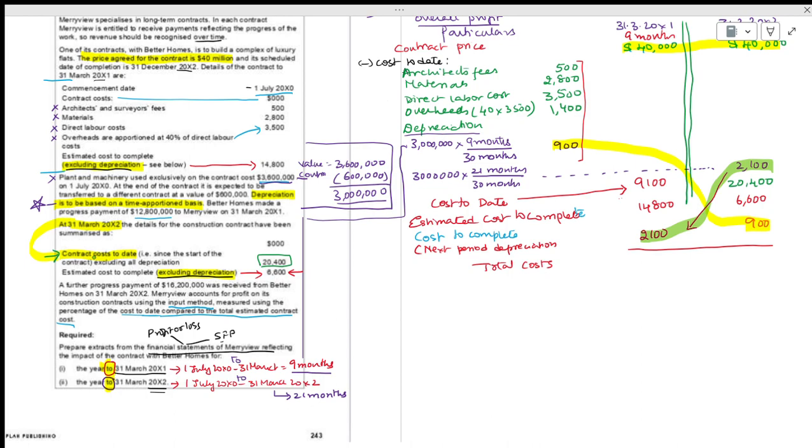How much is the total cost you are getting? 9,100, 14,800, 2,100. It comes to 26,000.